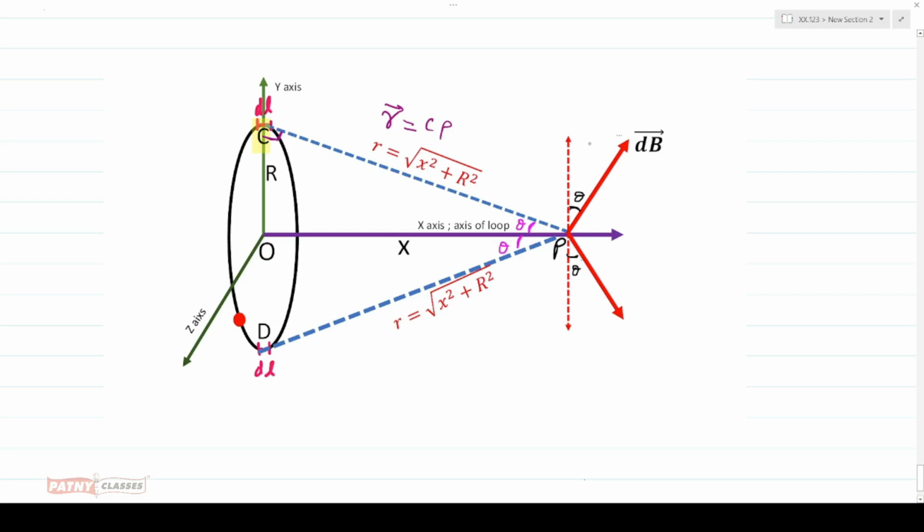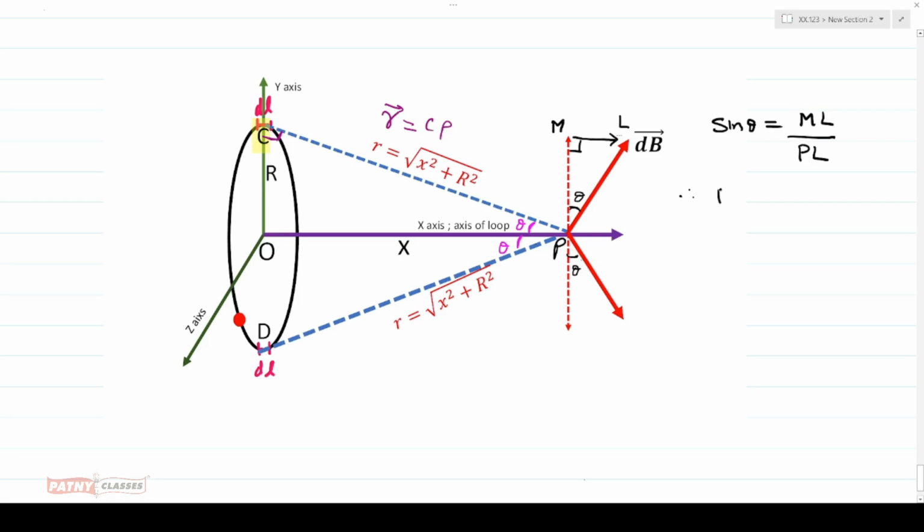Now join, complete the triangle, call this point L and call this M. So we got the triangle PML and this is 90 degrees. From this triangle, sin theta equals ML upon PL.